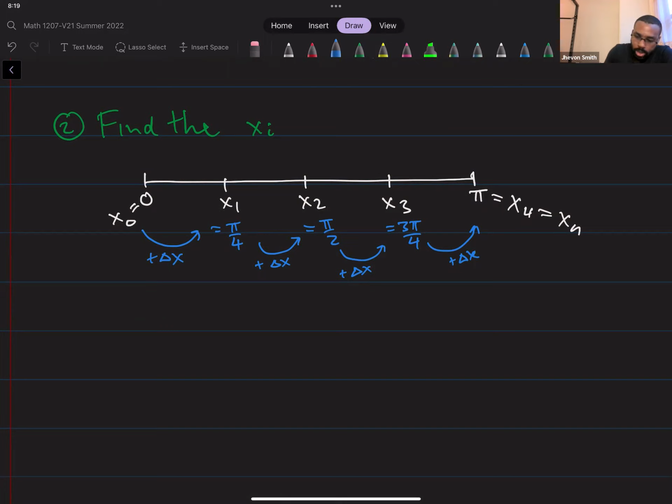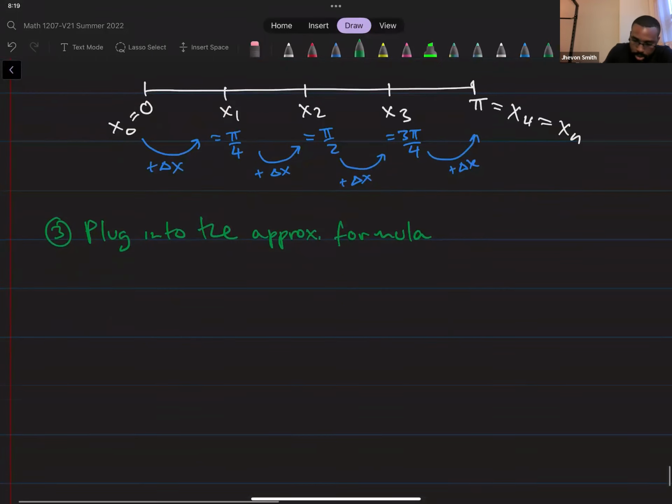So the last thing you want to do now is you can actually plug into the formula. So for Simpson's rule, our approximation is going to be s sub 4.